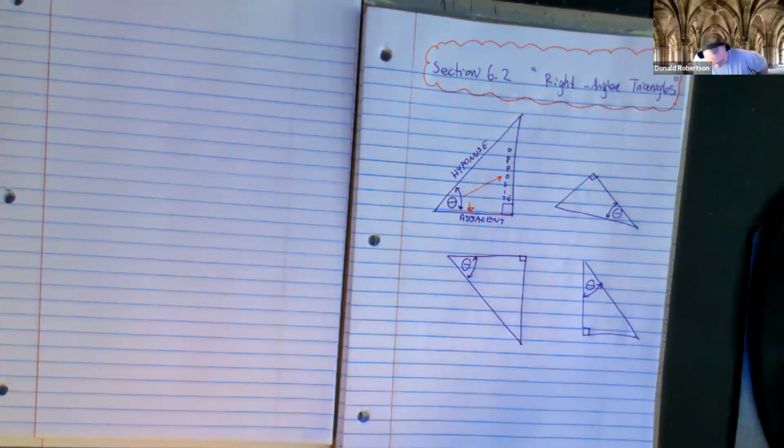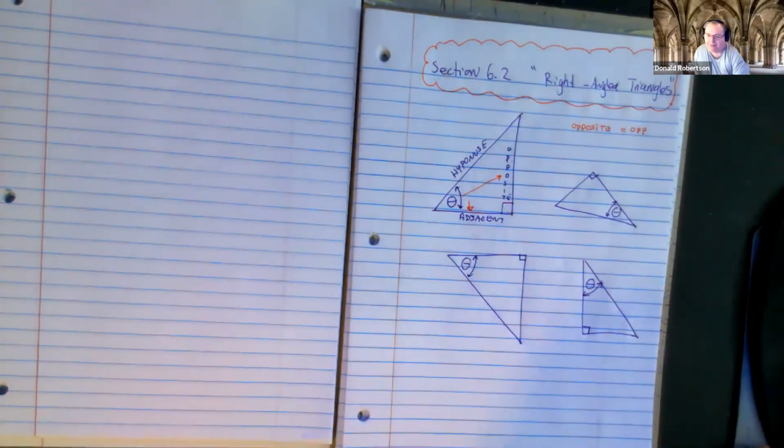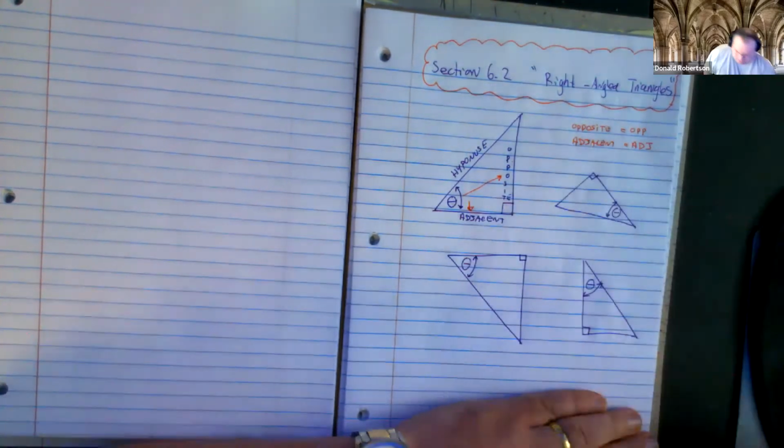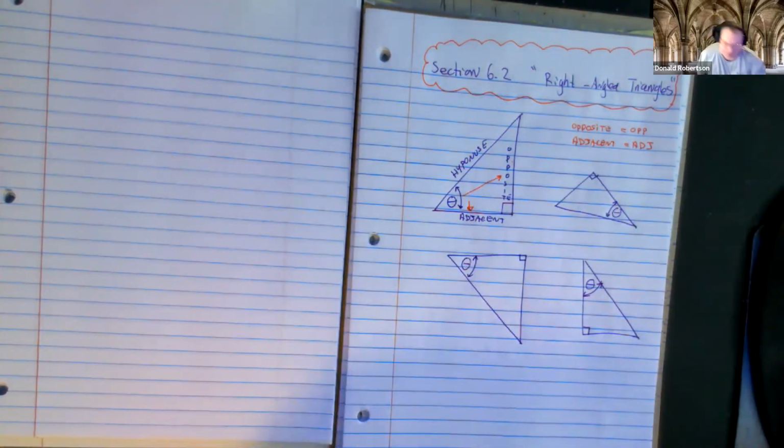And we're going to do some abbreviations. Instead of opposite, from now on, it's going to be called OPP for short. And instead of adjacent, I'm going to call it ADJ for short.